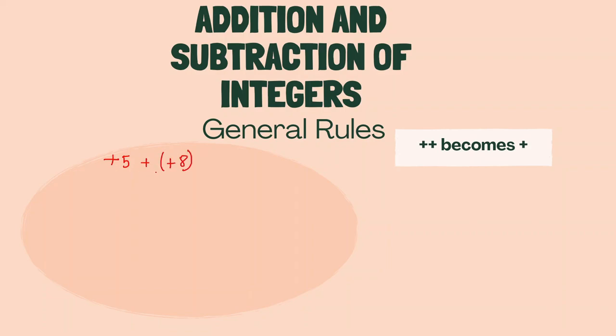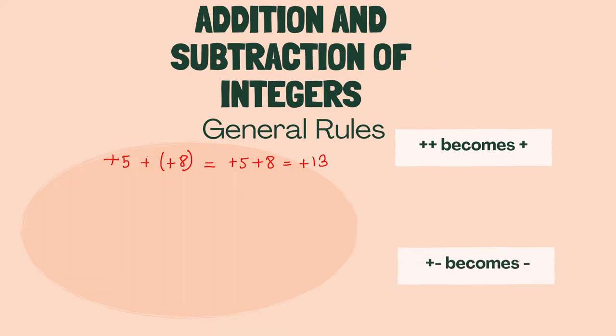We are adding these two numbers, plus 5 plus plus 8. You can understand the general rule that plus corresponding to plus becomes plus. Here plus is outside and another plus is inside the bracket, so plus and plus will become plus. So 5 plus 8 equals, what will be the answer? Plus 13.